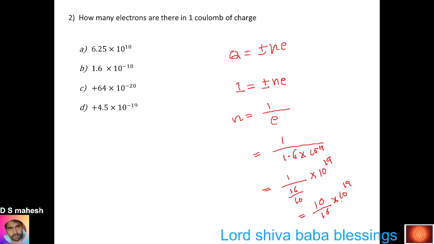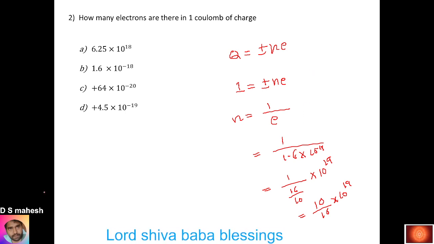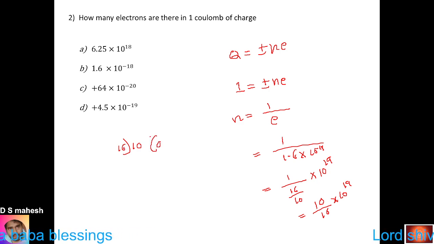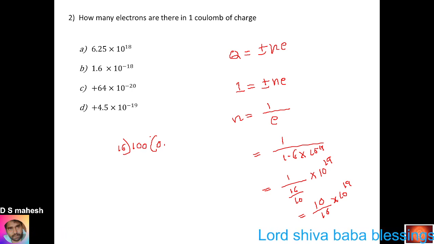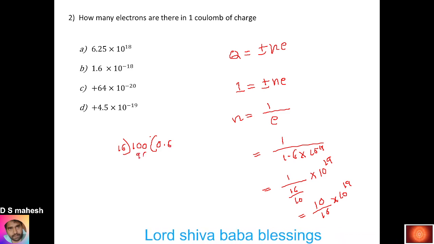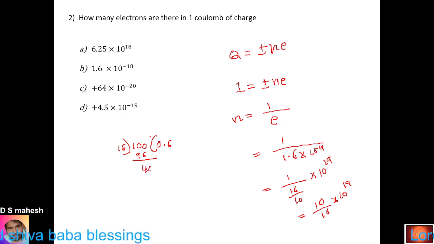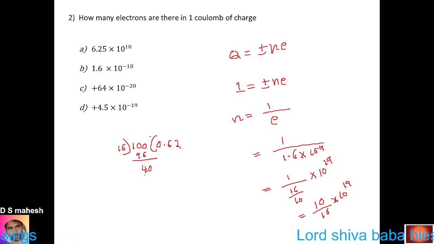So this turns out to be 10 divided by 16. If we consider 10 divided by 16, you take 0 point, so 16 6s are 96, so that is 40 remaining. 16 2s are 32.